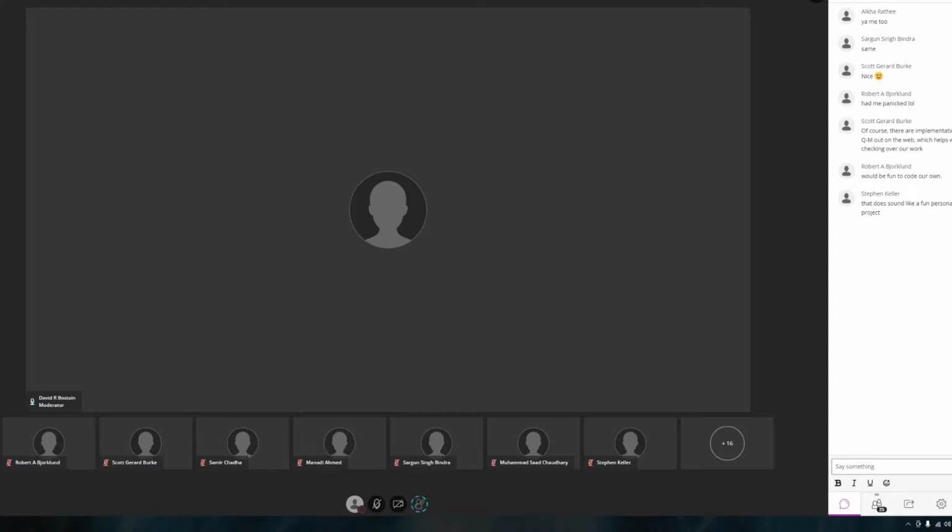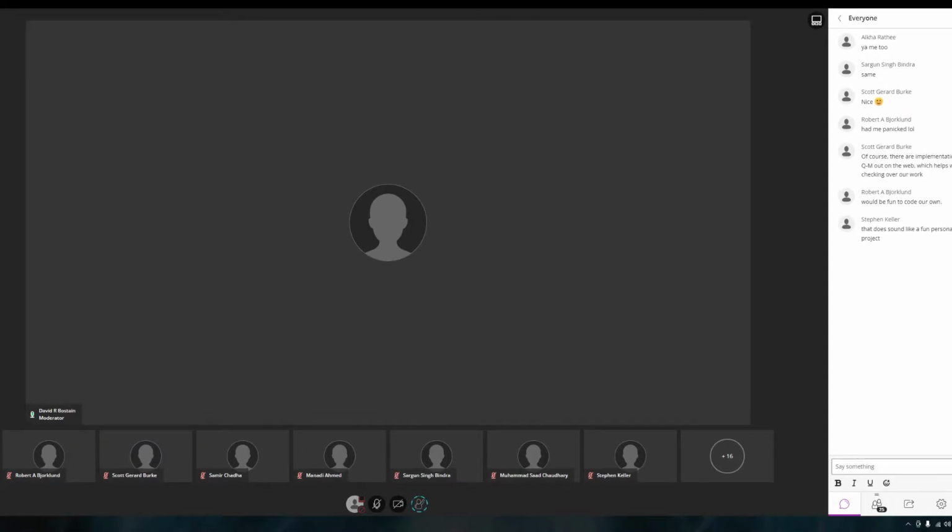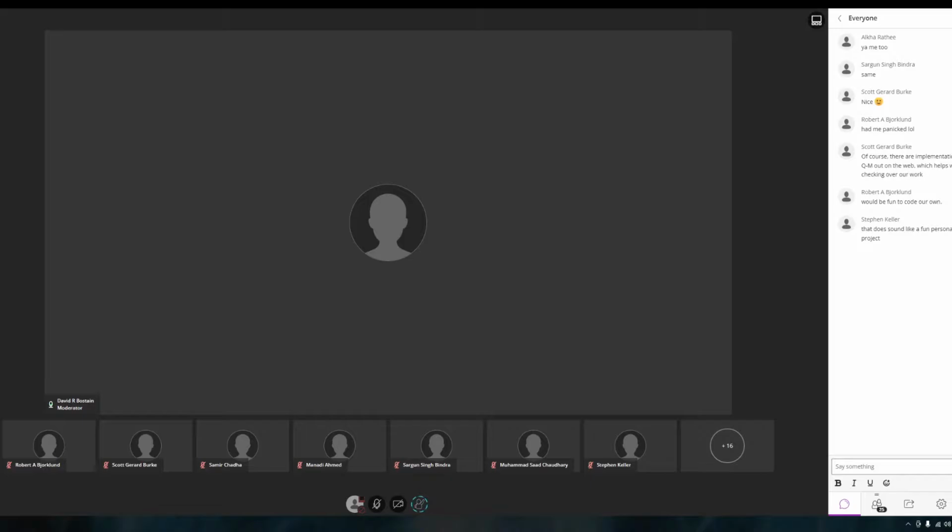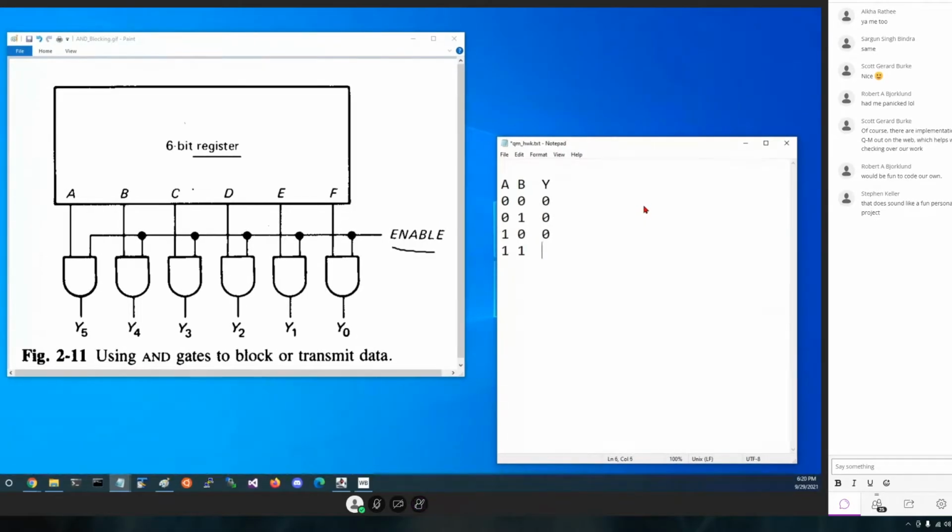In the truth table for an AND, where we have A, B, and Y, we only have 4 combinations of things that can occur. And our equation that we're using here is Y is equal to A AND B.